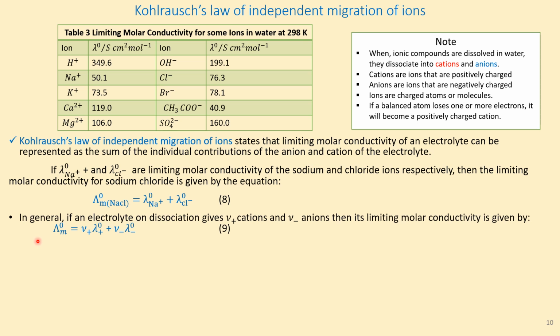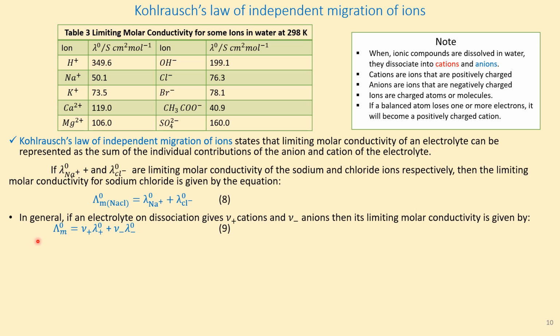In general, if any electrolyte on dissociation gives ν+ cations and ν− anions, then its limiting molar conductivity is given by the relationship Λ°m = ν+λ°+ + ν−λ°−.